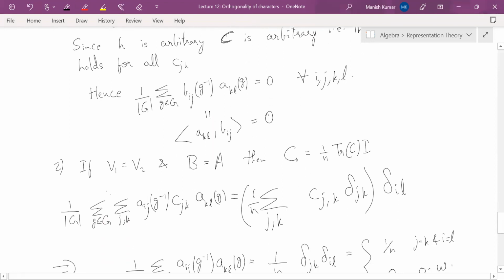That's the left hand side, which is familiar. Now on the right hand side, we want trace of C times the identity: on the diagonal entries we want that, and off diagonal entries we want 0.